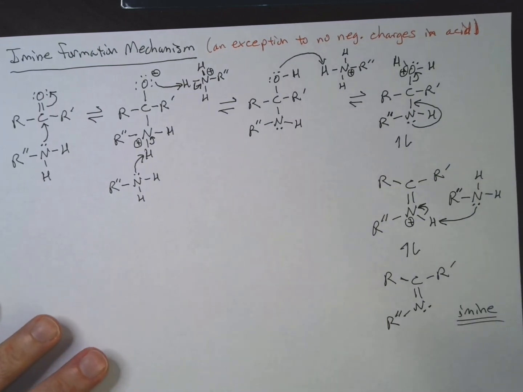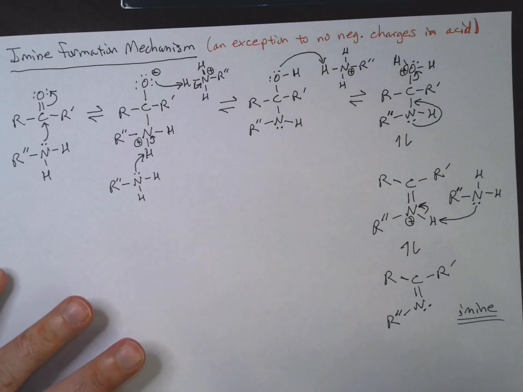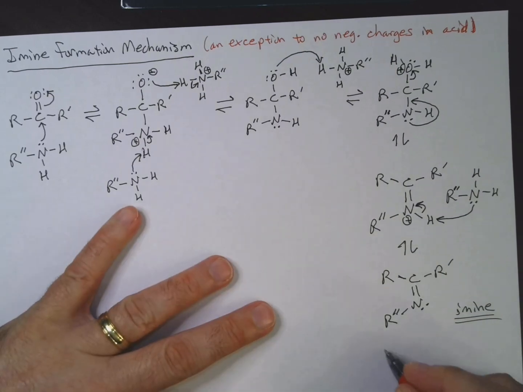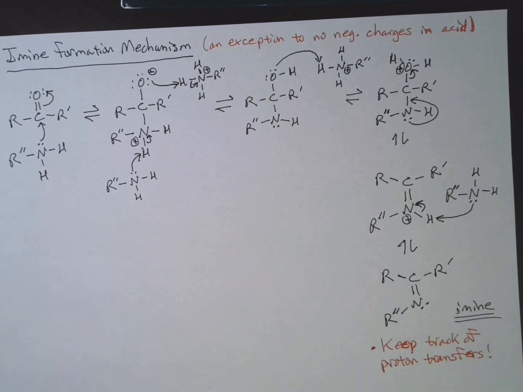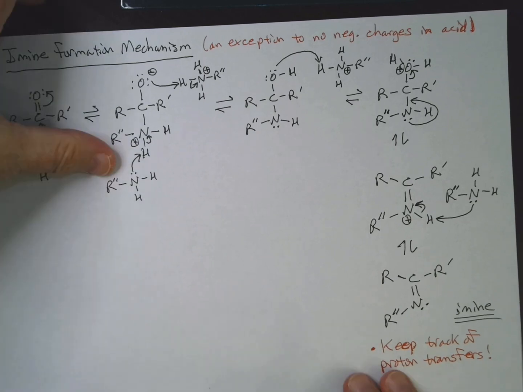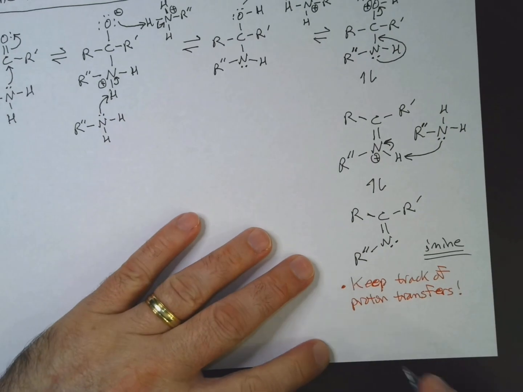So some things that you want to make sure you do here is you want to keep track of your proton transfers. And in particular, no negative charges on nitrogen.